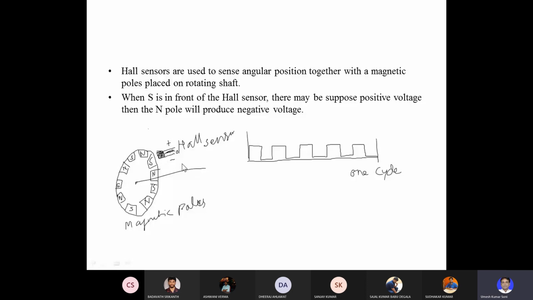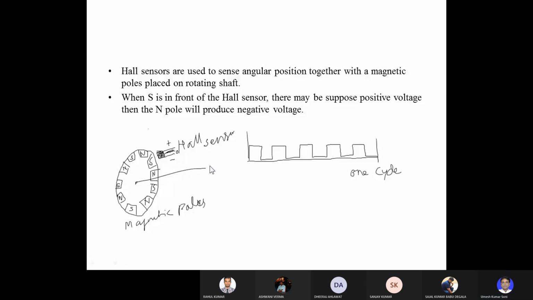The same rotating position information is also used in BLDC motors for getting the commutation positions. Have you done the experiments in your power electronics labs? I think so.